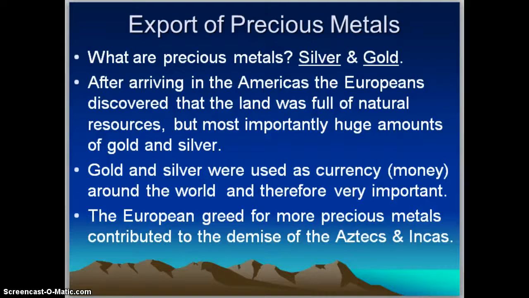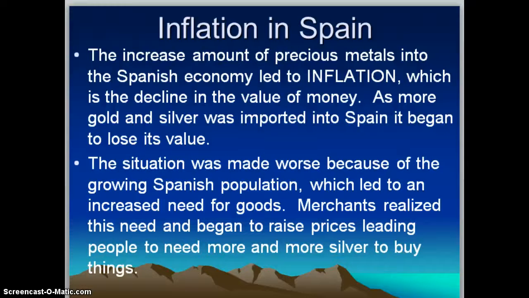The European greed for more precious metals contributed to the demise of the Aztecs and Incas. Inflation in Spain. The increased amount of precious metals in the Spanish economy is going to lead to inflation. And that means the decline in the value of money. So the value of money is going to go down.